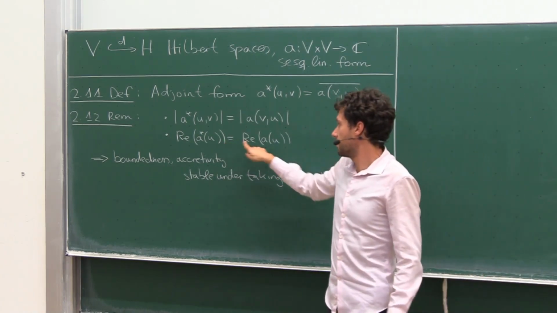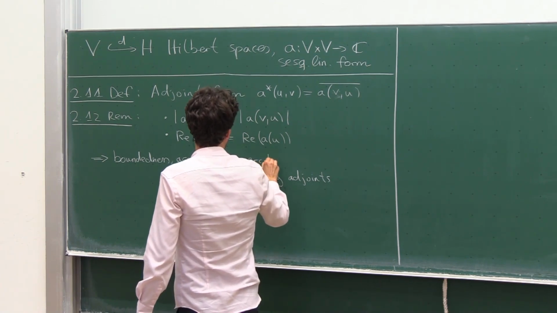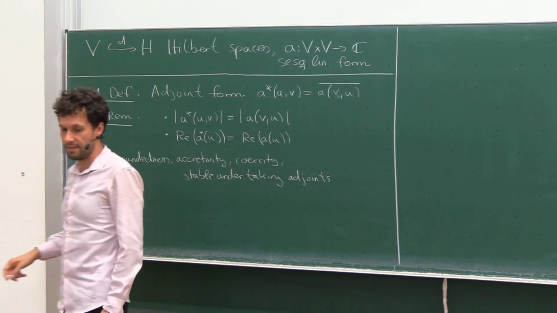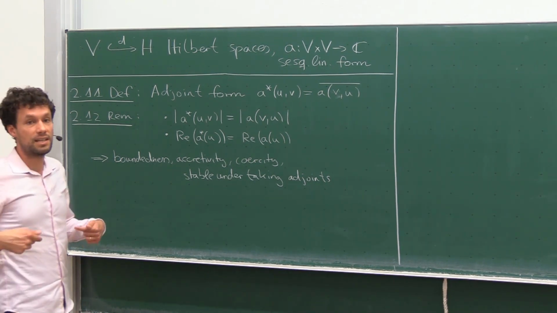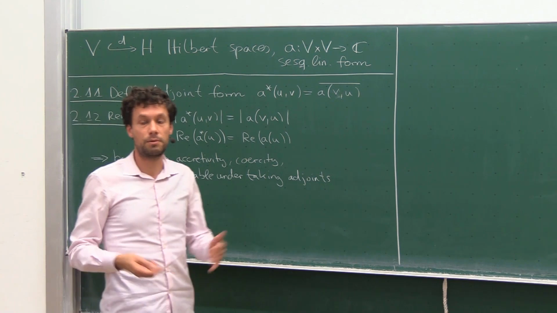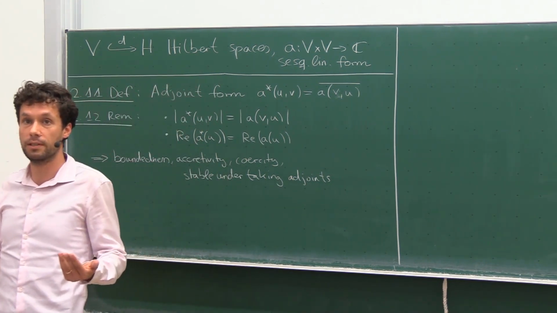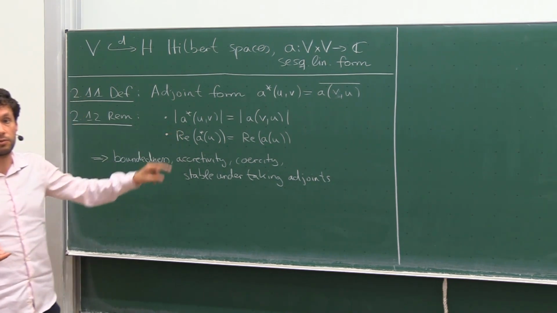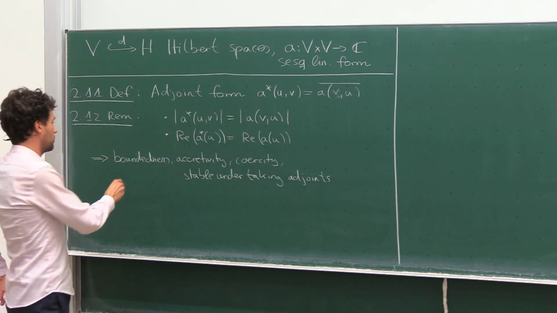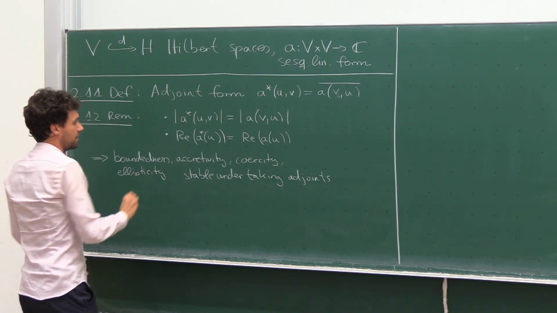Well, once again, this equality tells you that coercivity is also stable under taking adjoints. And then we had ellipticity, which was more or less the same as coercivity, except that on the left-hand side, we were adding a little or maybe a substantial part of H norm. And once again, the coincidence of the real parts of the two forms tells you that also ellipticity is stable under taking adjoints.